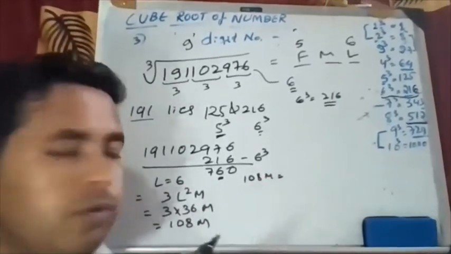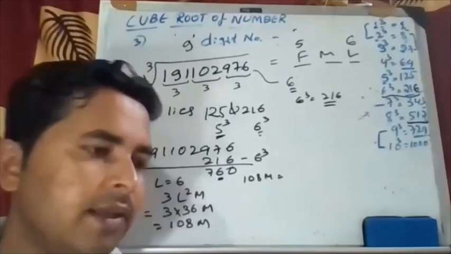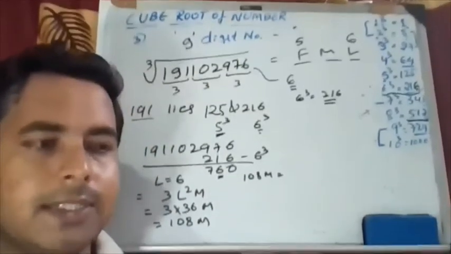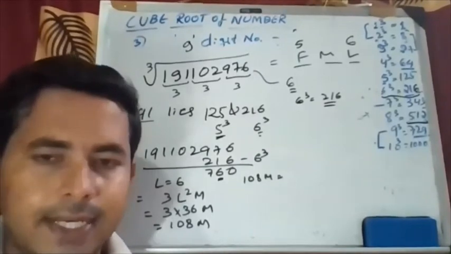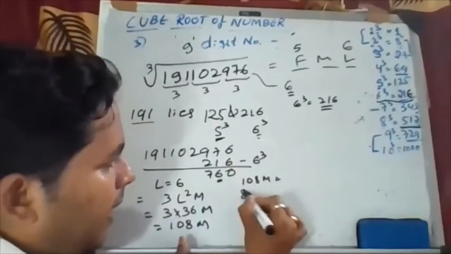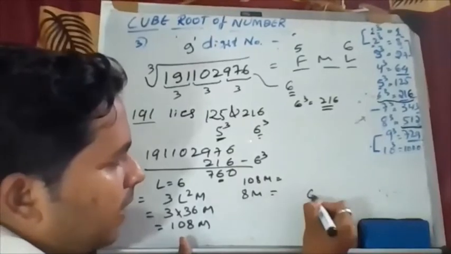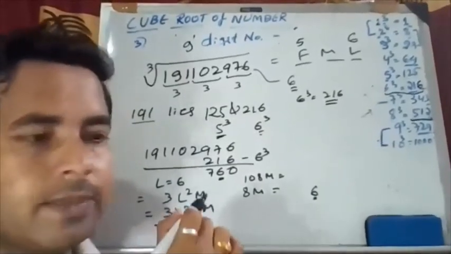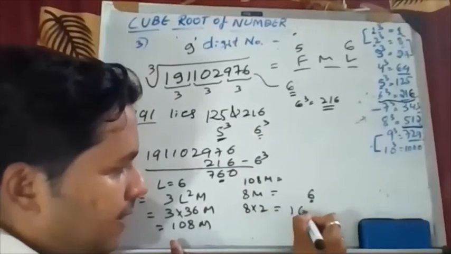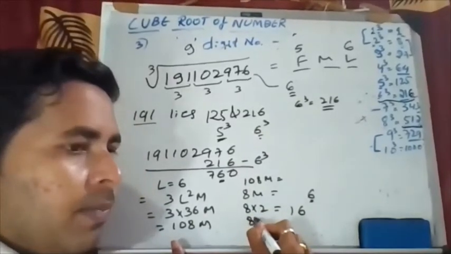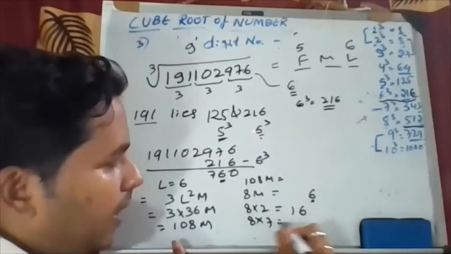So you have to find the m value in such a way that your unit digit should lie in your unit digit को कितना रहना चाहिए? 6 रहना चाहिए. So इधर consider 8 and m आपके unit digit में 6 रहना है. So ऐसे कैसे multiply कर सकते? 8 into 2 if I multiply I'll get a 16. Again if I multiply 8 into 7 I'll get a 56.